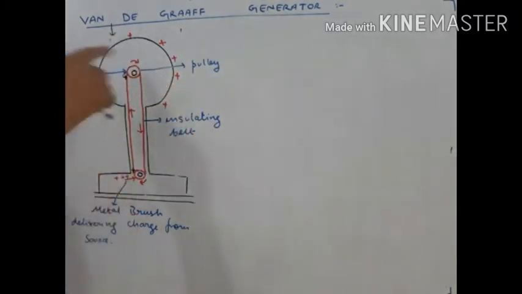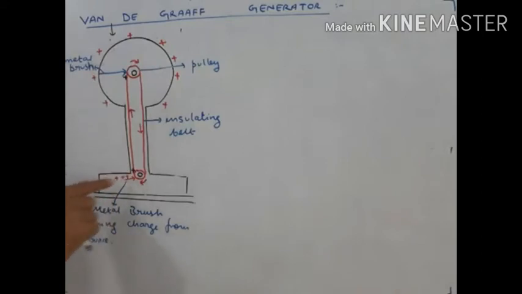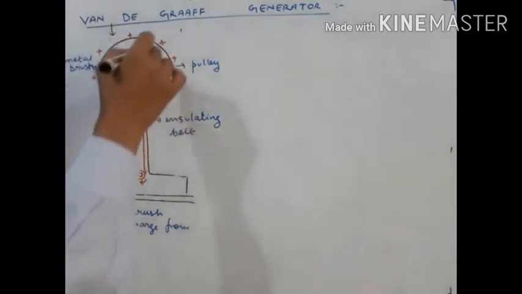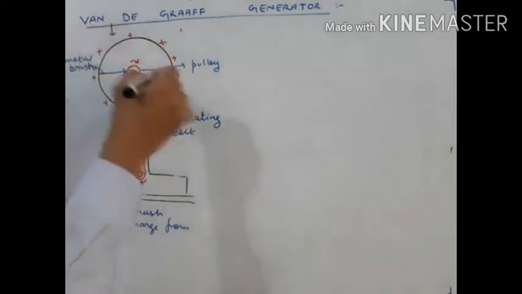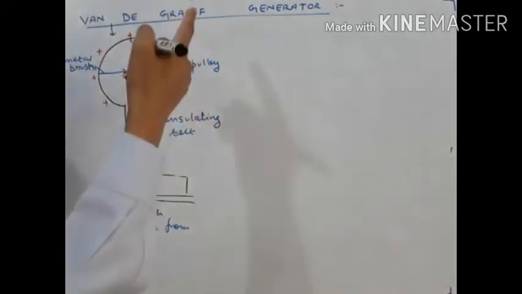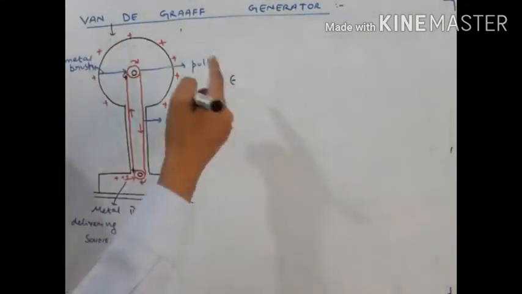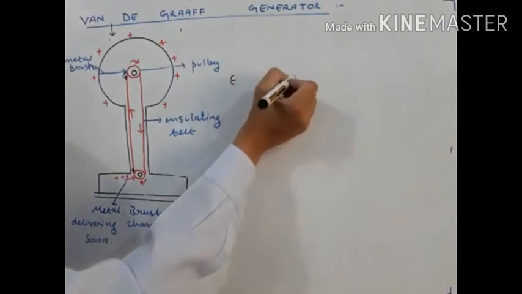This process continues, with more and more charges. As long as you keep on spraying the charges, those charges will go up and then flow through this metal brush to the shell. This charge initially goes on accumulating to a very large value till its potential becomes so large that its electric field crosses or approaches the breakdown limit of air.